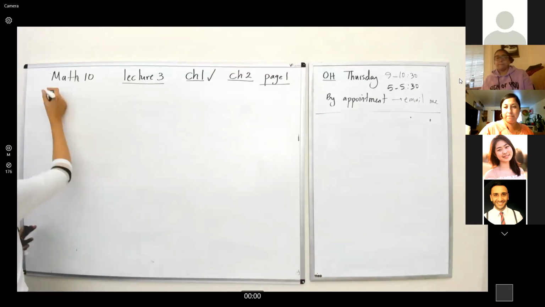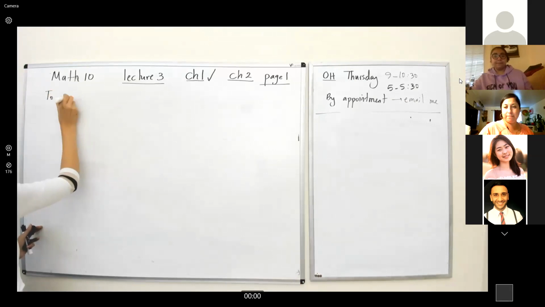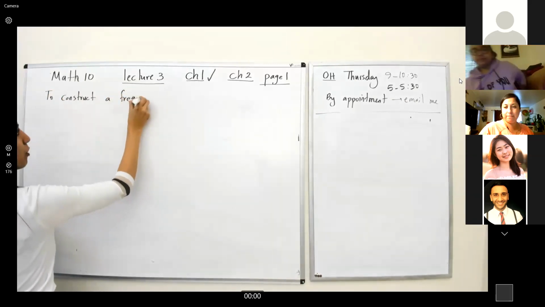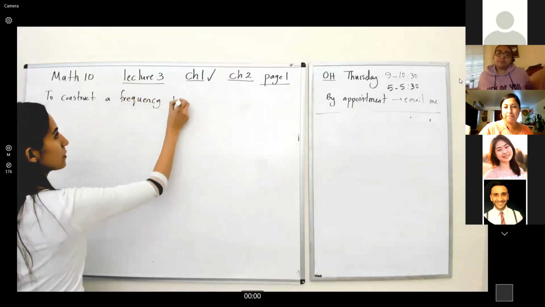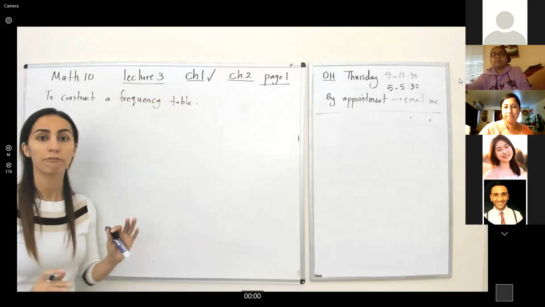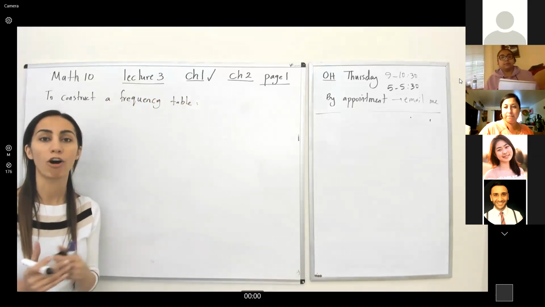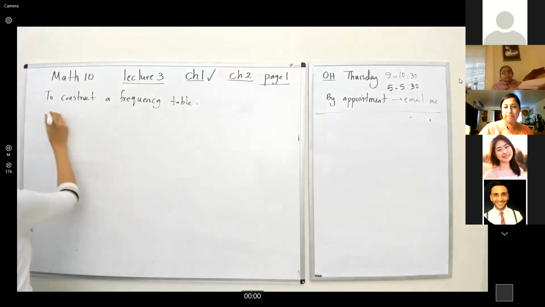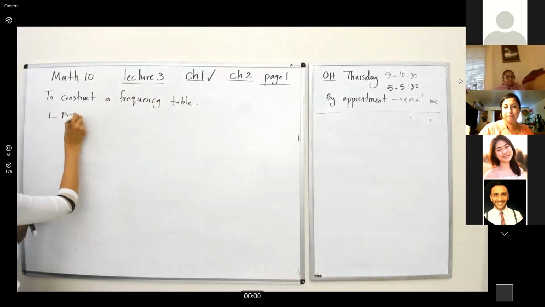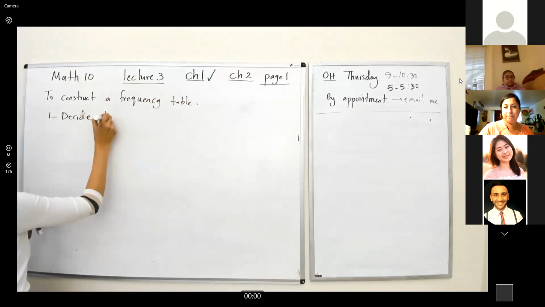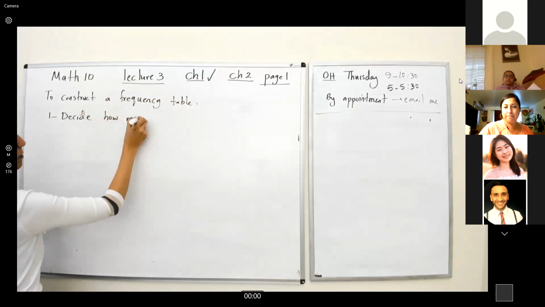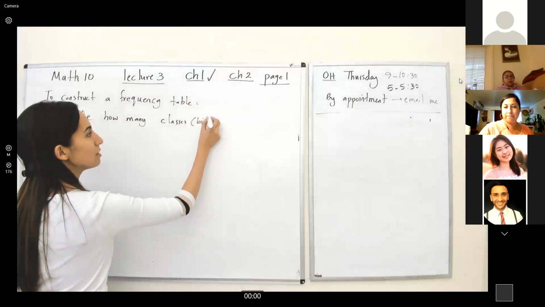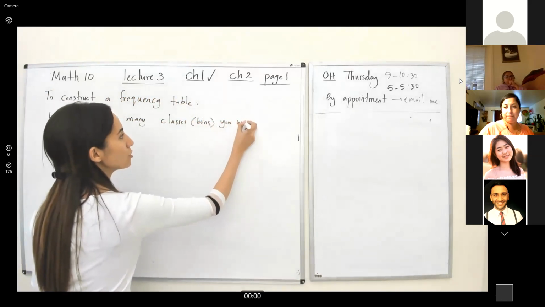So to construct a frequency table, first of all, you need to find all of your classes. First, decide how many classes or bins you want to have.